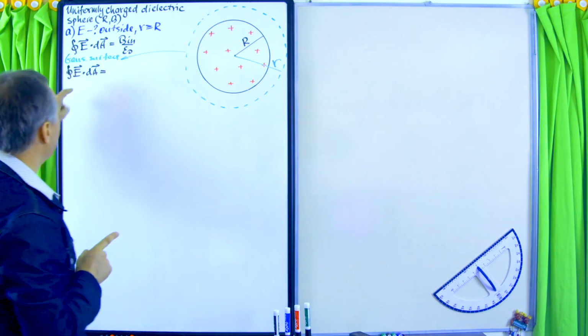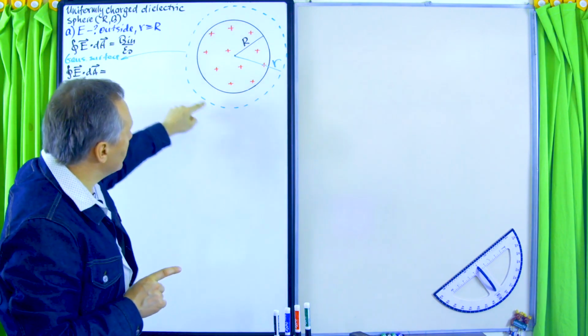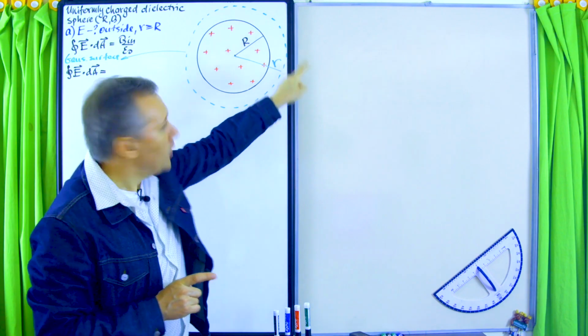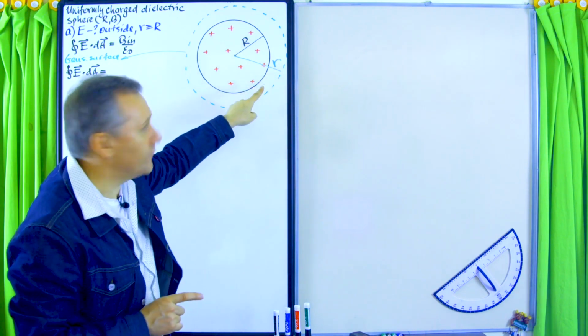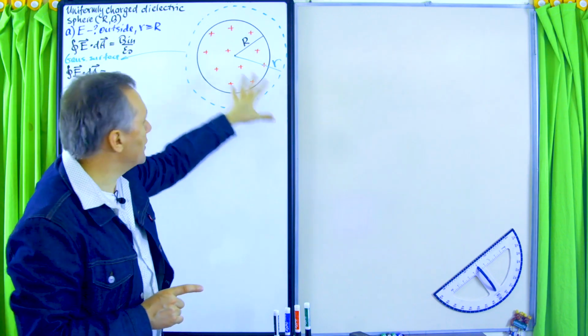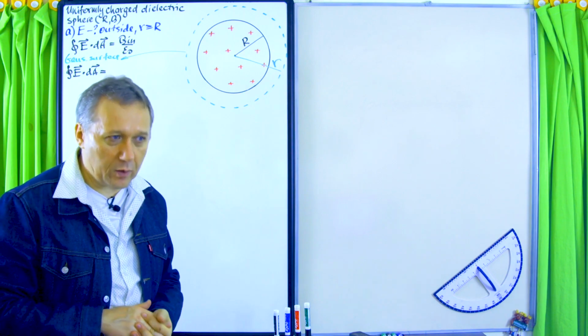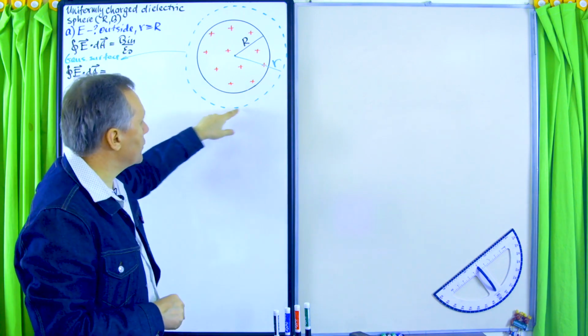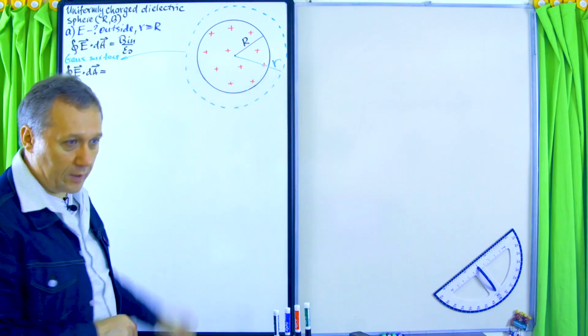And again, you need to remember that in this integral, all the time we are on this Gaussian surface. We're not on the surface of our charged sphere. Very often students just draw these vectors on that charged surface. No, we are on the Gaussian surface. We're not allowed to step away from this Gaussian surface. According to this law, we are on the Gaussian surface.